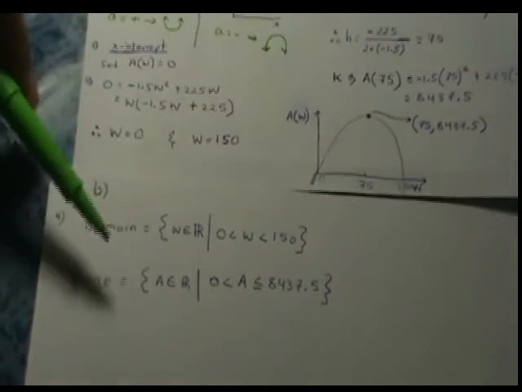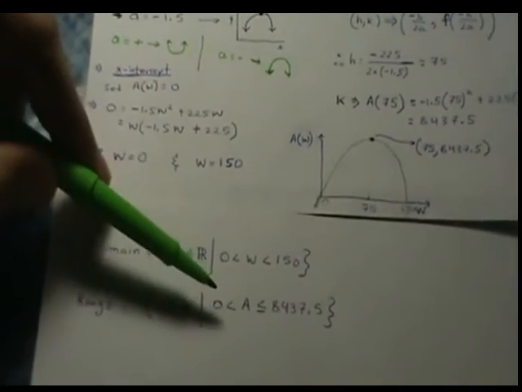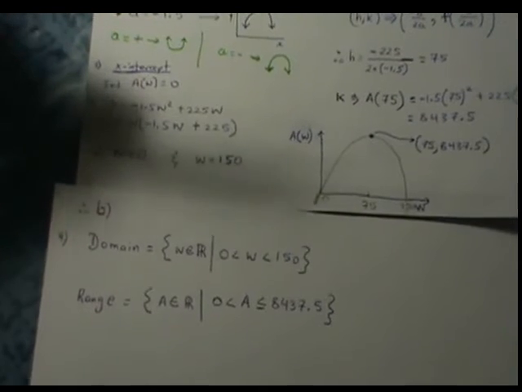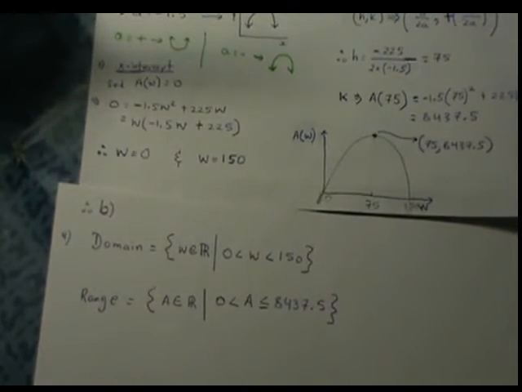And so similarly for the range, it says the area belongs to all real numbers, where the condition is that the area, again, is greater than 0 because it's a real life problem. Anything that has an area will always be greater than 0.